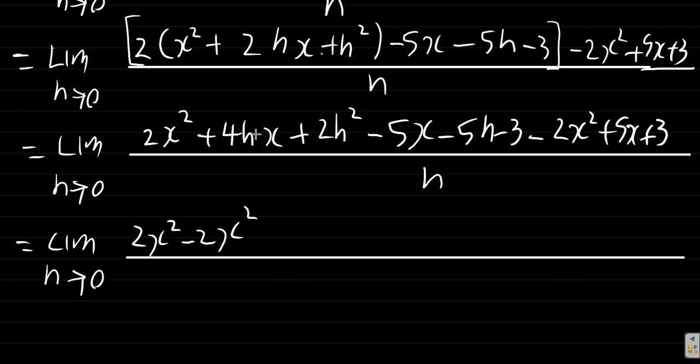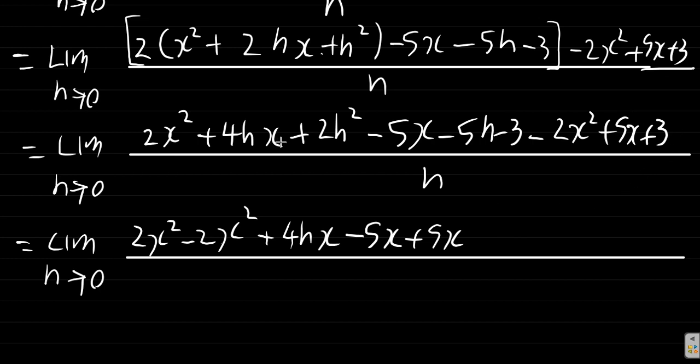Numbers with x. Alright, we consider h as a number. So we could put plus 4hx, that's this, minus 5x plus 5x, no other, so with x alone.